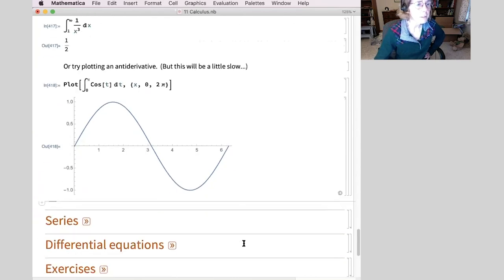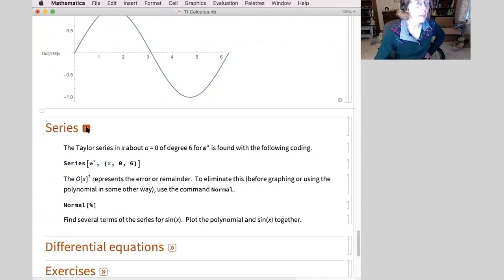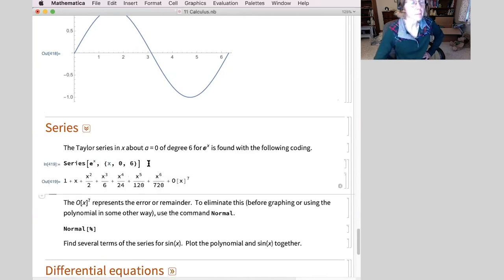Okay, series. Series, oh, surprise. Here's my function, and x, I'm centering it at 0, so I'm looking at Maclaurin series in this case, and I want the 6th order series. And so I get the function, and then I get this little thing at the end.